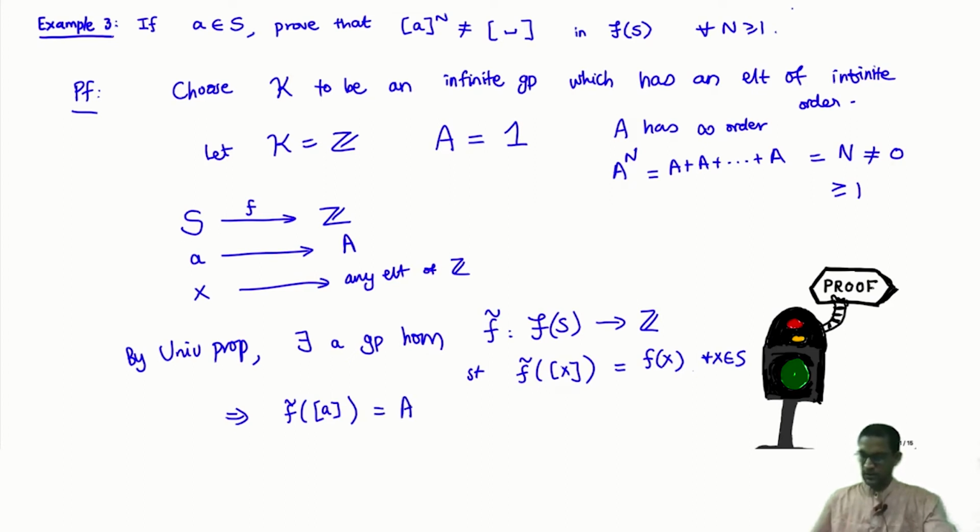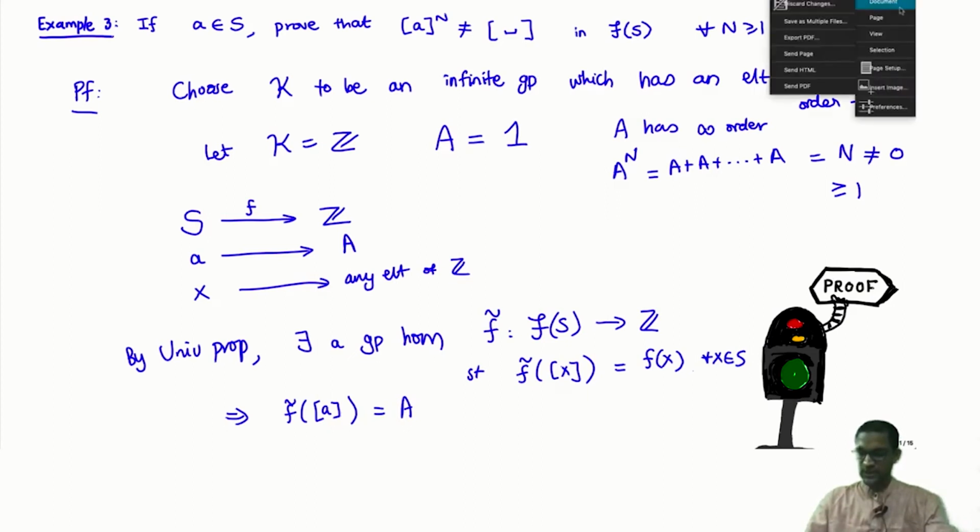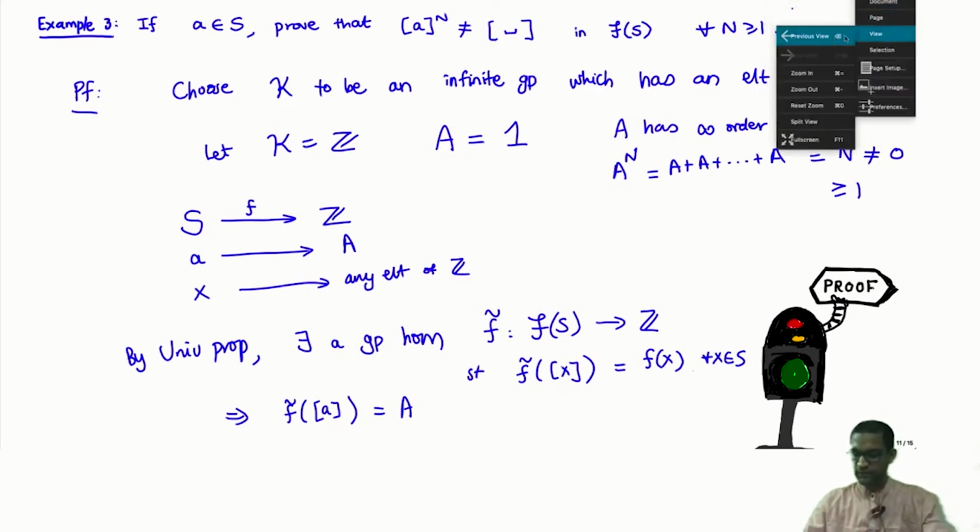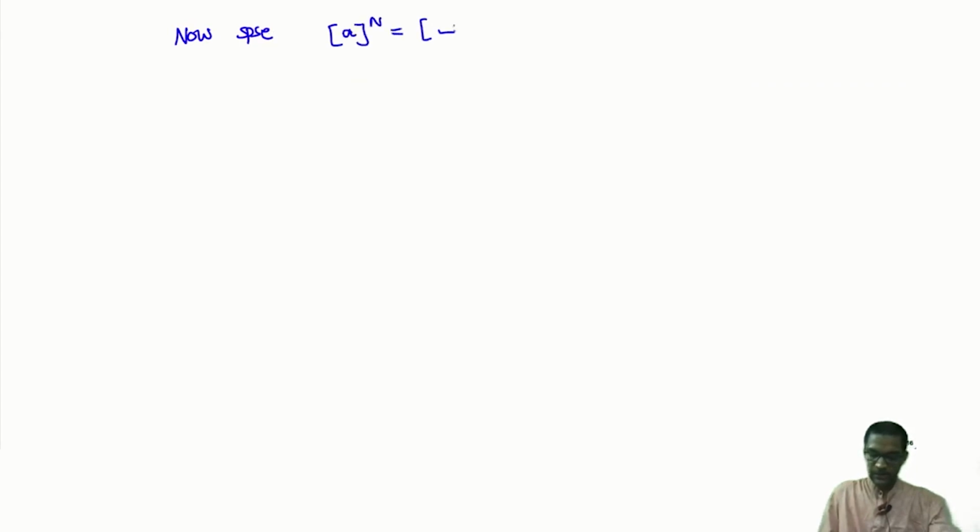Now we'll derive the contradiction in much the same way that we did earlier, as follows. Now suppose A power n is the identity in the free group, and let's do the following. We'll apply f tilde to both sides.